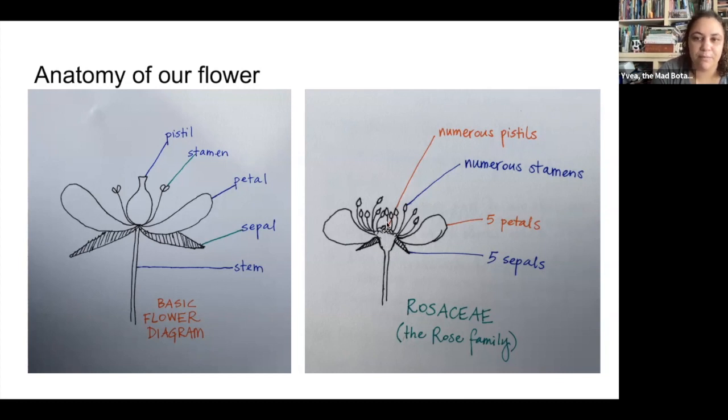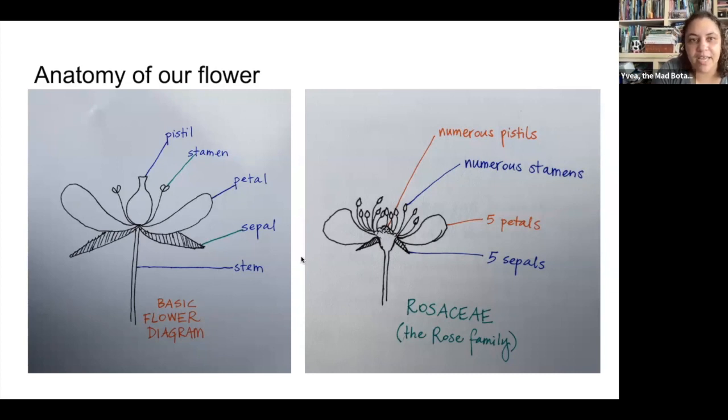And then we'll just see maybe a few extra styles sticking out. So there's a lot of variation. And unfortunately, there's no one hard and fast rule. But what is good to remember is that the overall effect of the tons and tons of stamens and the pistils makes it look like it has a fuzzy center. And that's one of the key characteristics of our family.